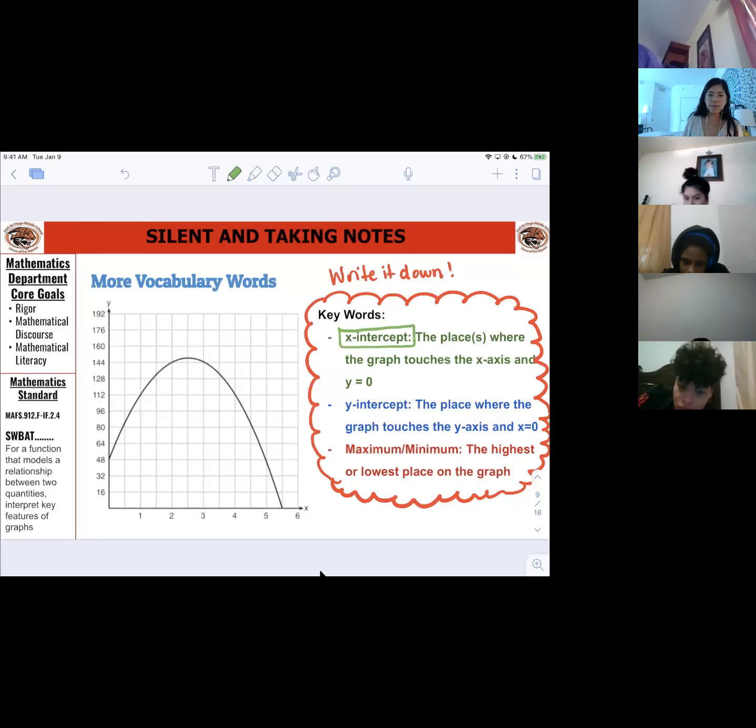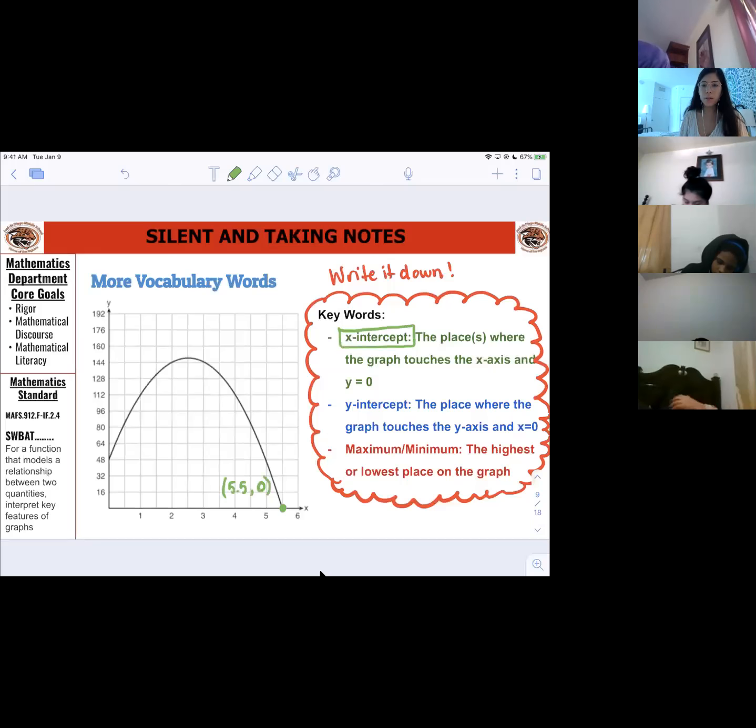In this case, my graph is touching the x-axis right down here. What point is that at? What number is that at? 5.5. Yeah. So this point is 5.5 comma 0 because it's on the x-axis, so the y-coordinate is 0.